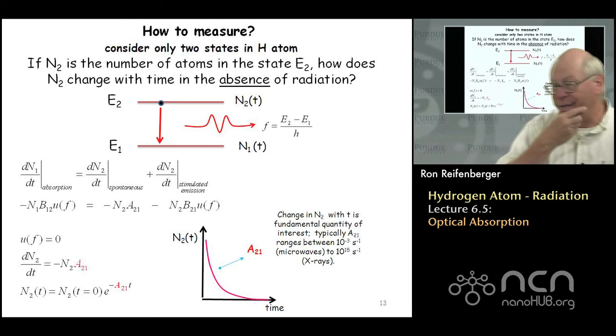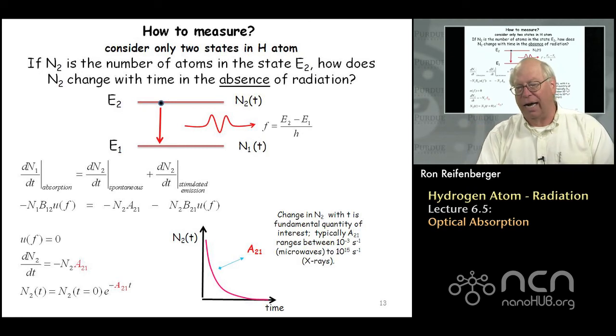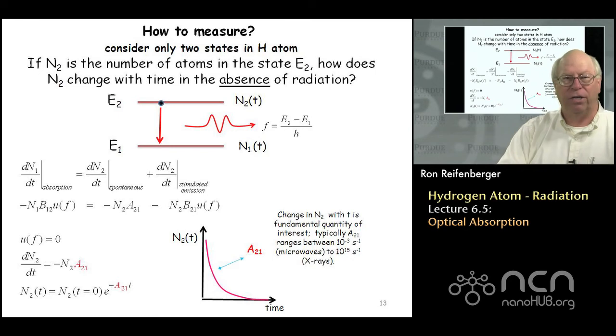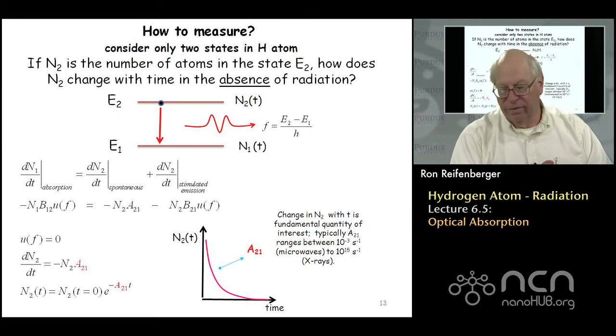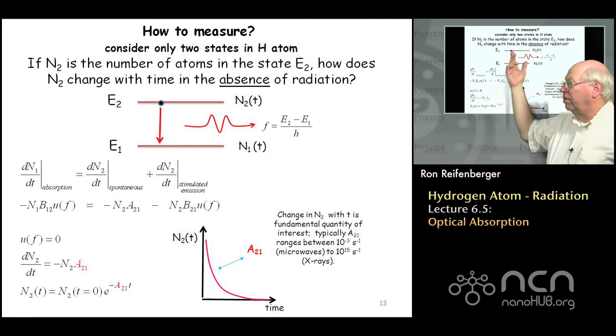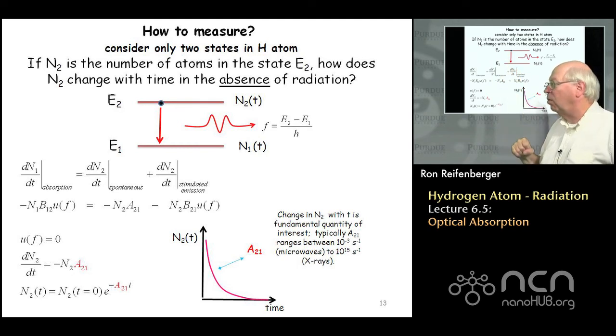I'd like to just end the lecture by working through an example to show you how these rate constants can be measured, and how a measurement can then be used to calculate, for instance, the other rate constants. I just asked the question, if you somehow put a lot of electrons in energy level E2, and then you measure the decay of these electrons with respect to time back to energy level E1.